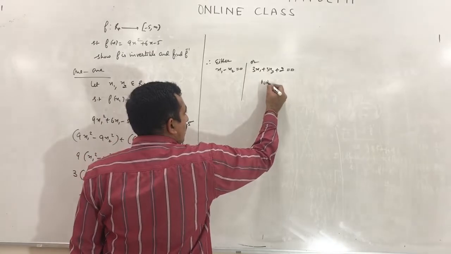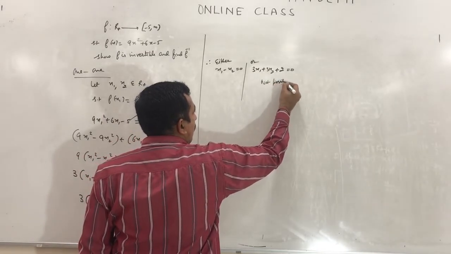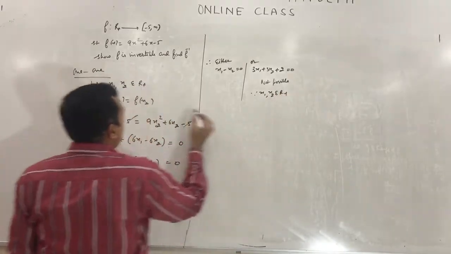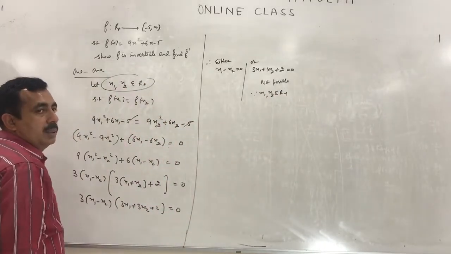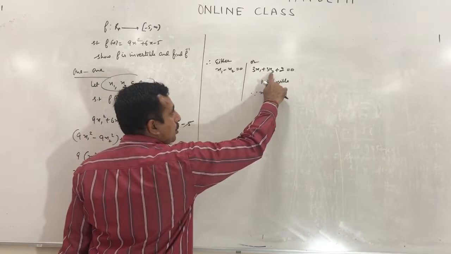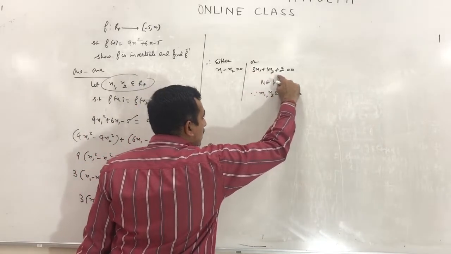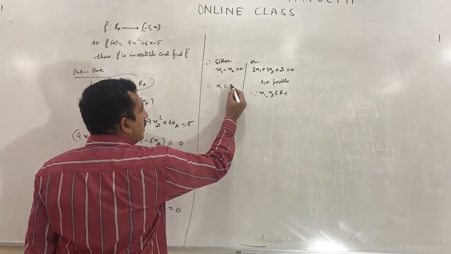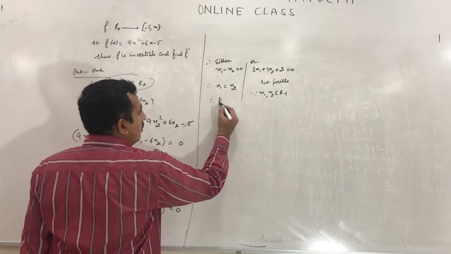This is not possible. Why? Because x1, x2 both are positive numbers, and when they are positive, this total answer can't be equal to 0. Therefore there is only one possibility, and therefore f is one-one.